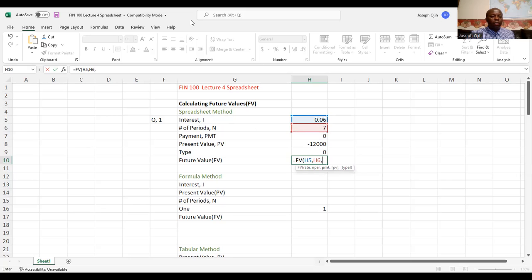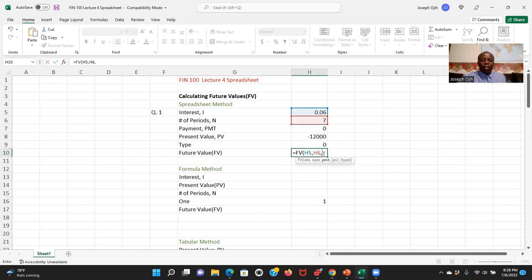Make sure you're seeing this. Yeah, you're seeing it. Payment, there's no payment. Click on it, comma, present value, which is the $12,000 invested, comma. Then type, it says 0 for end of period. Once you press the enter key, it will give you the answer right away.